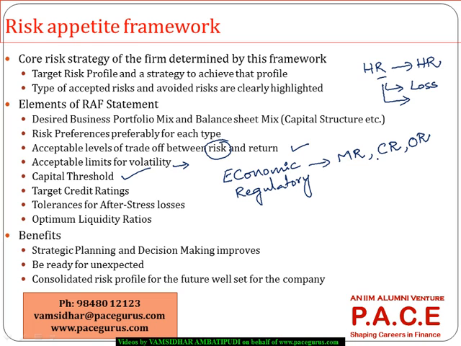And if there are targeted credit ratings, even they have to be very clearly identified, right? Probably within this year, my credit rating should not fall below triple B. So to achieve that, whatever is the maximum risk that I can target, I can look out for that.